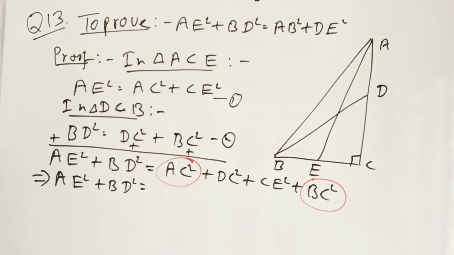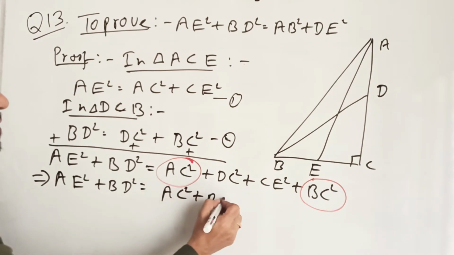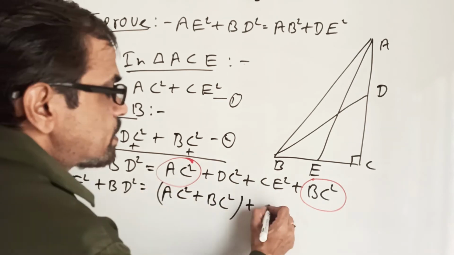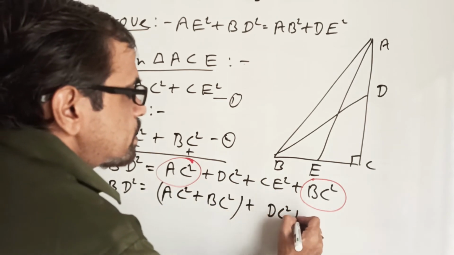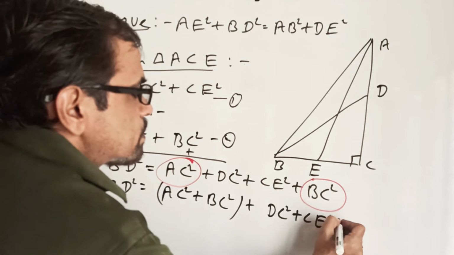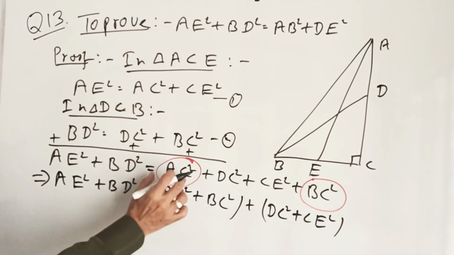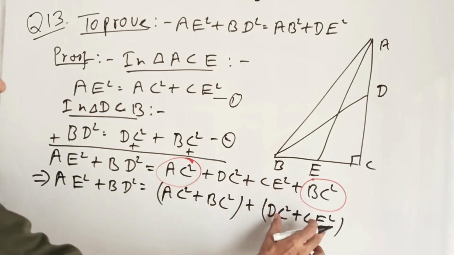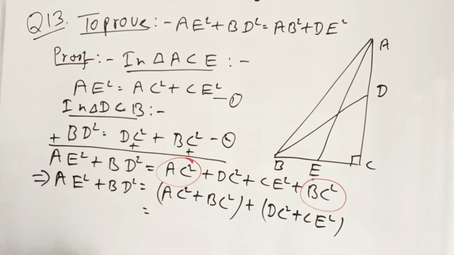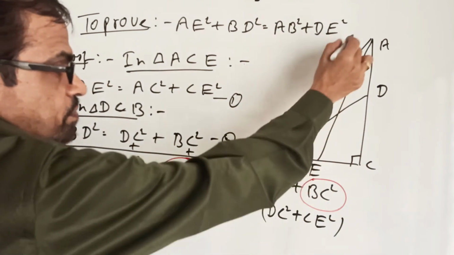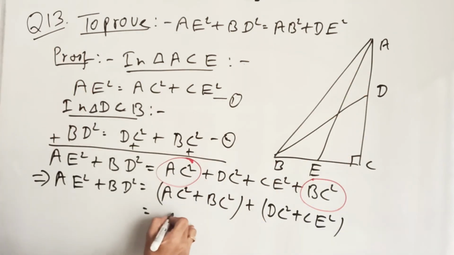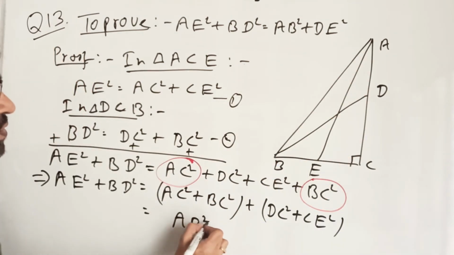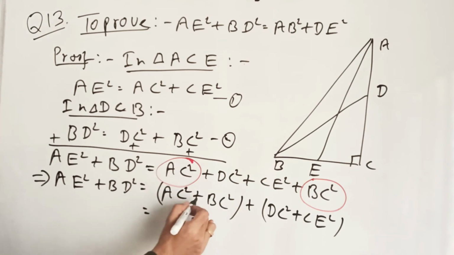So we can combine this one and write here AC square plus BC square, and DC square plus CE square. So according to our need, first we make the pair of AC square plus BC square, the rest we have to write in the bracket. Now see, what is AC square plus BC square in Pythagoras? It is AB square. So in place of this AC square plus BC square, I have written this AB square.